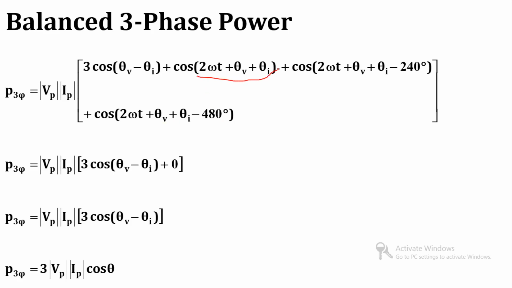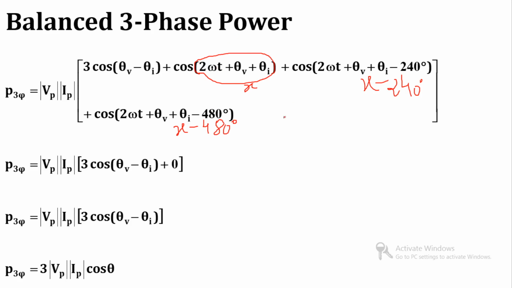Now you can observe that suppose I write this angle as x. Then I can write this as x − 240 and this looks like x − 480. So this is the balanced cosine term: cos x plus cos(x − 240) plus cos(x − 480), clear.